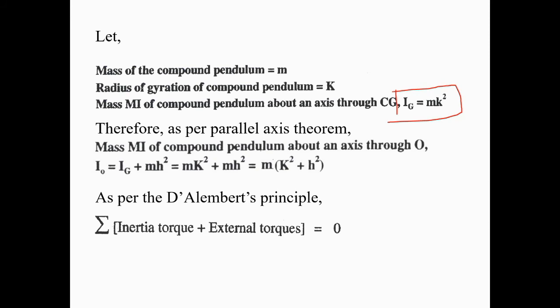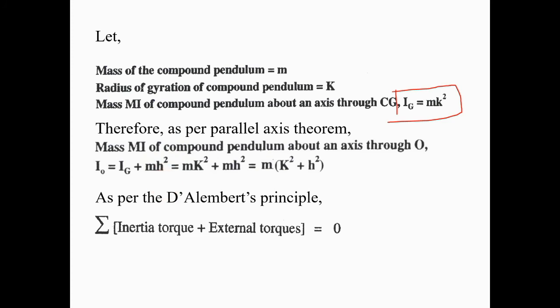So as per the parallel axis theorem, the mass moment of inertia about the axis passing through the fulcrum of a compound pendulum could be given by I about O is equal to I about G plus mh square, where h is the distance between the center of mass and the fulcrum point.